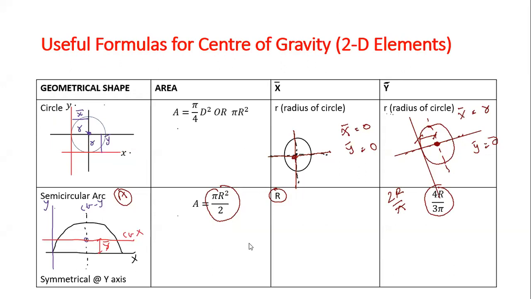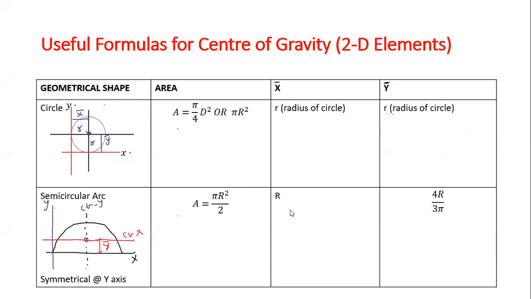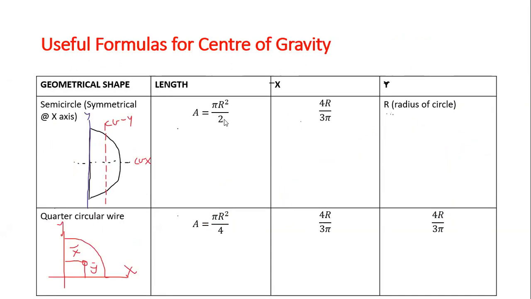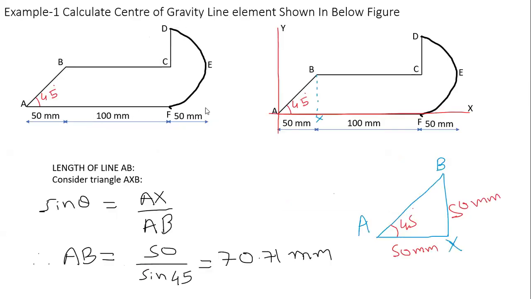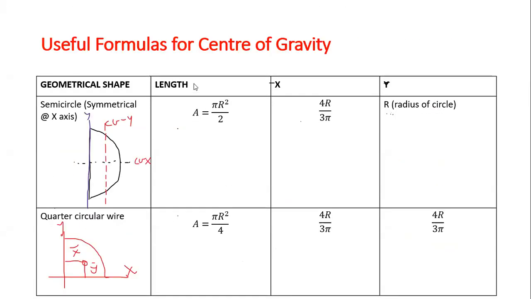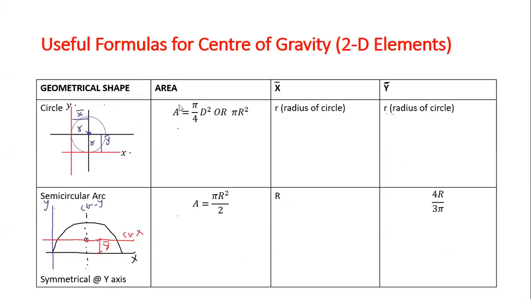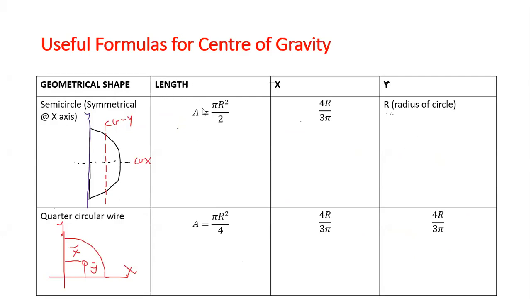Please confirm. The concept is the same, whether you consider 1D or 2D: when to take y bar and when to take x bar. Same way, if your semicircular arc is symmetrical about y axis, again area, sorry, just a minute, here area will come, not length, okay?